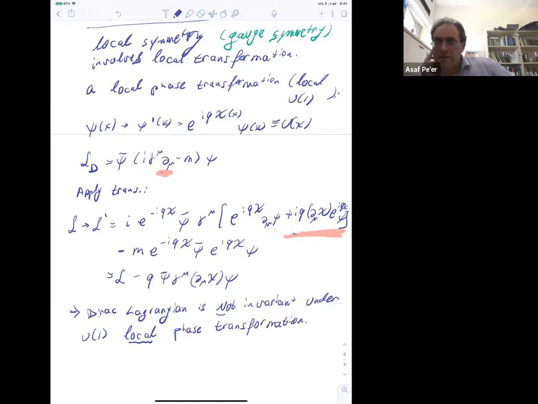Nothing surprising. I would be very surprised if the Lagrangian were invariant. Nothing special.